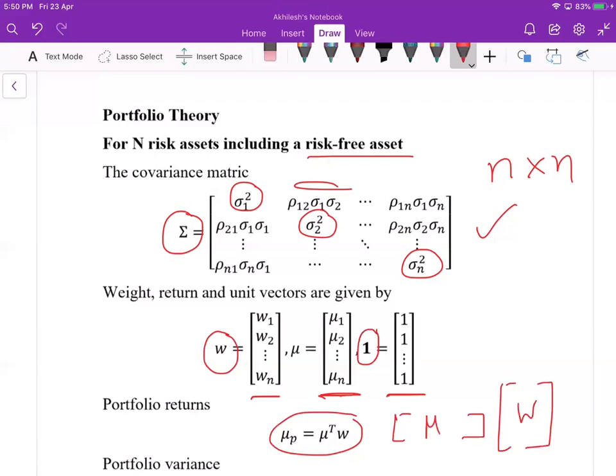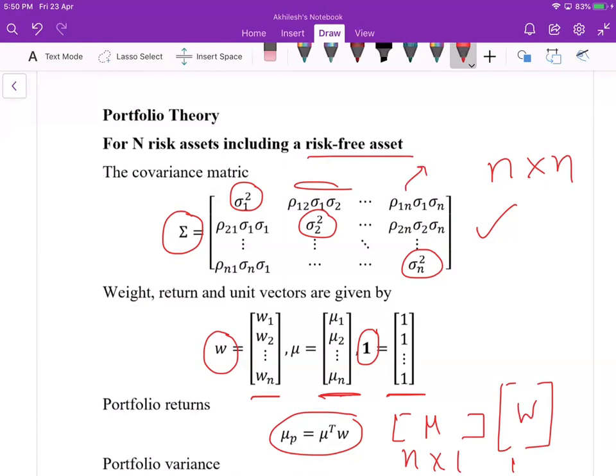The representation here is 1 into n. The first one is the row subscript, and the second one is the column subscript. When you multiply the row, how many? N into 1.